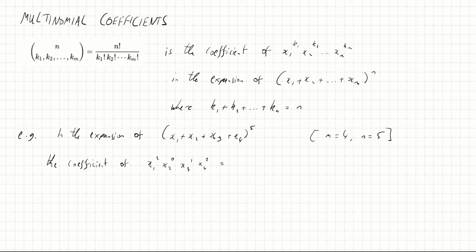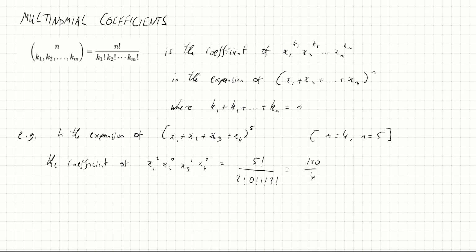The coefficient of this is given by the multinomial coefficient, so it's n factorial, that's 5 factorial, divided by the factorial of all the powers multiplied together, so it's 2 factorial times 0 factorial times 1 factorial times 2 factorial. 5 factorial is 120. 2 factorial is 2, 0 factorial is 1, so it's 2 times 1 times 1 times 2 at the bottom.